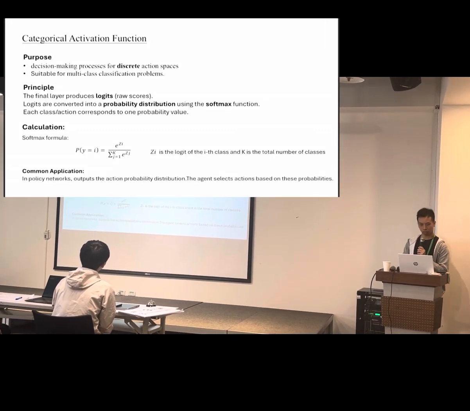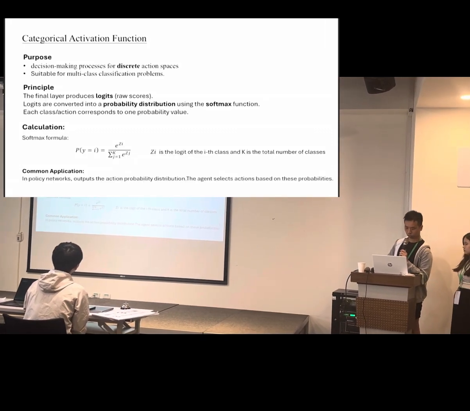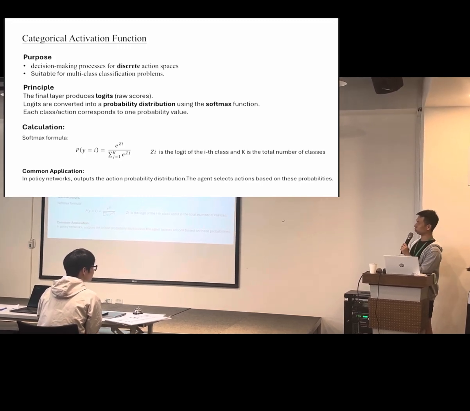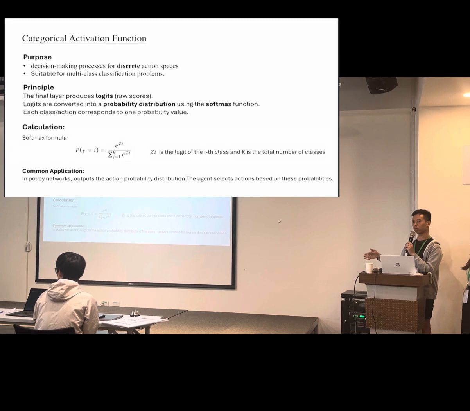This is the activation function we use. We use categorical softmax, because there are different categories with different gates.